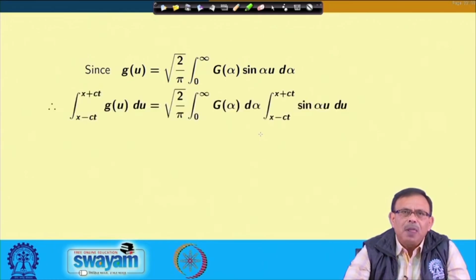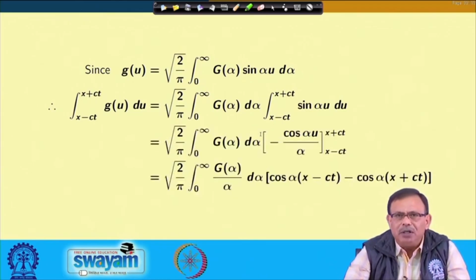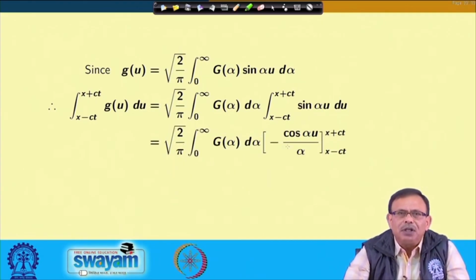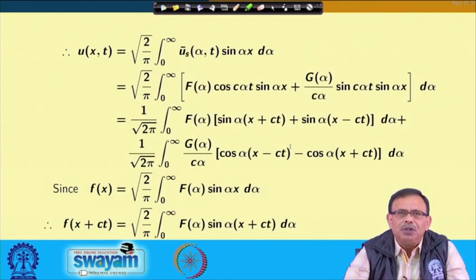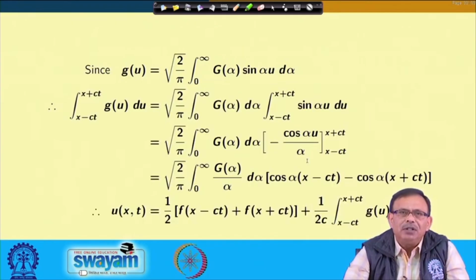So, if I now integrate both sides from x−ct to x+ct, after evaluation I am getting this, and you see this last term is nothing but the term which I obtained over here: G(alpha) by c alpha into cos of alpha (x−ct) minus cos of alpha (x+ct). So, I am getting this term.